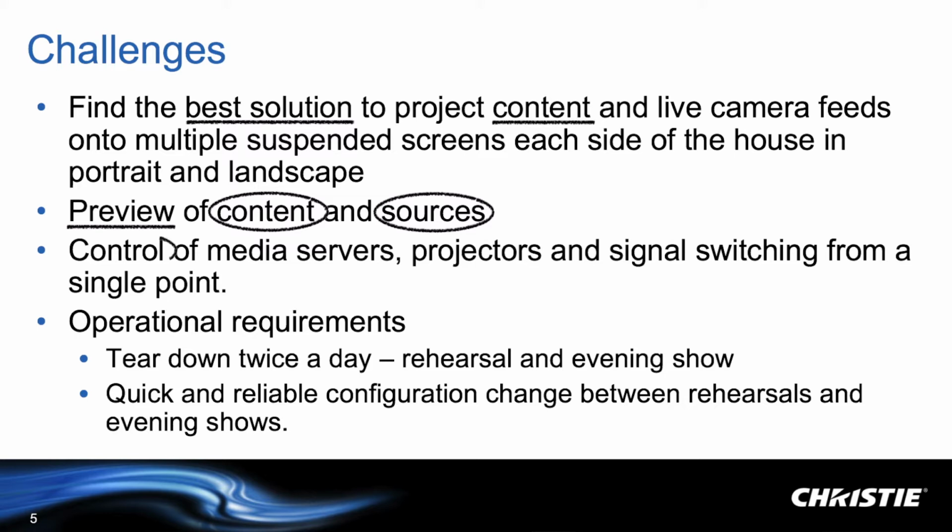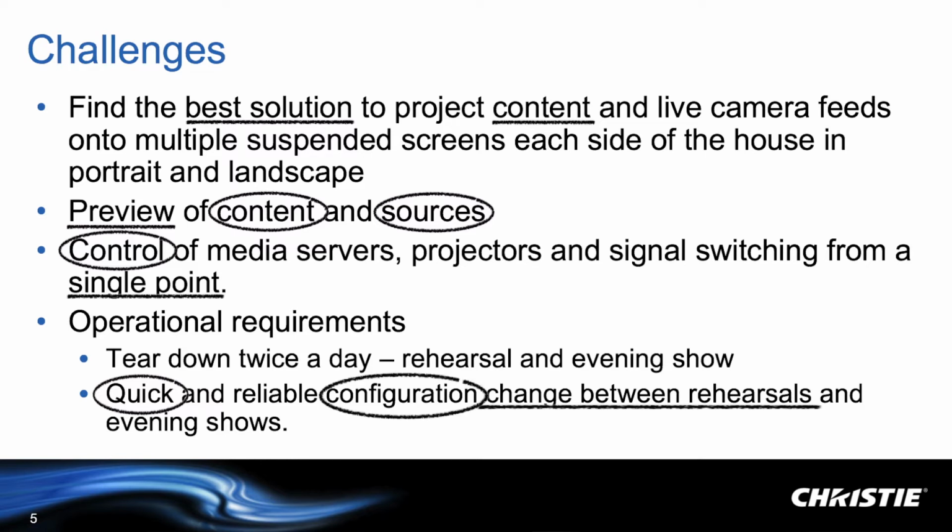They also needed to be able to control all of that from a single point. And of course, they needed to change everything around very, very quickly. So they need to be able to change the configuration very quickly with different output resolution from the media servers going to the projectors that were actually moving around the house.